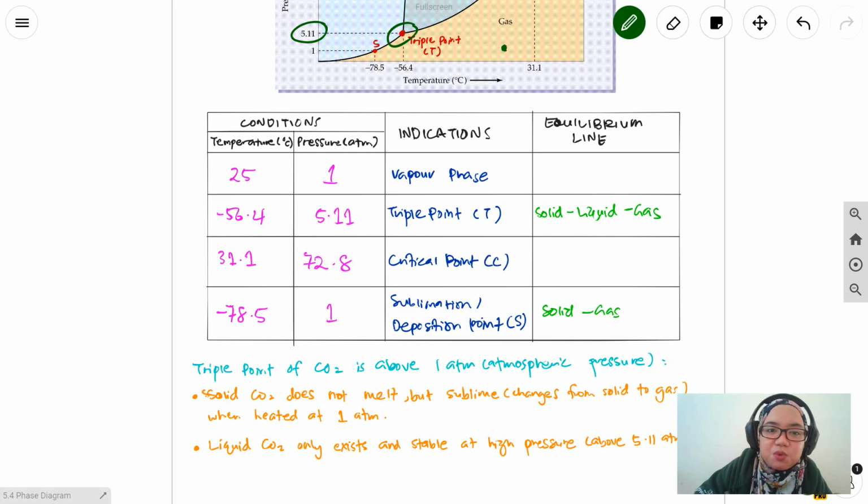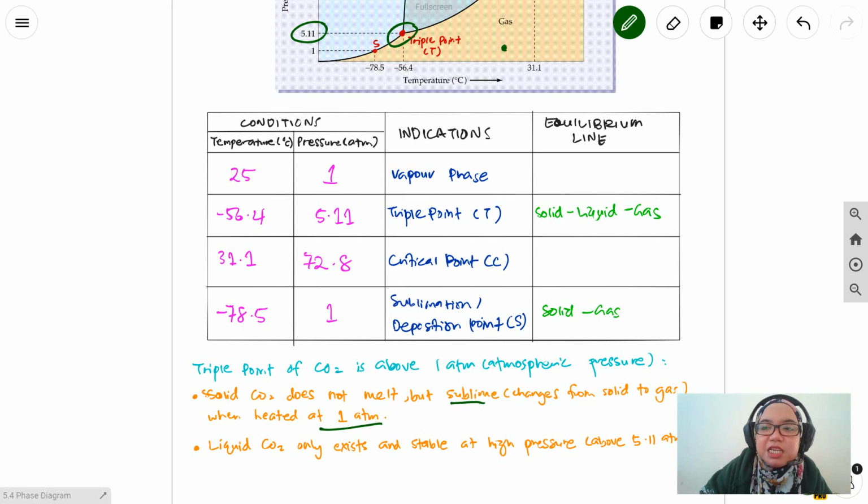So, maksudnya dekat 1 atm ni, dekat below 5.11 ni, okay, solid carbon dioxide dia tak akan pergi dekat liquid. Dia akan terus sublime into gas. And gas pun akan terus deposit into solid. Okay, when heated at 1 atm. So, solid carbon dioxide does not melt but sublime when heated at 1 atm.